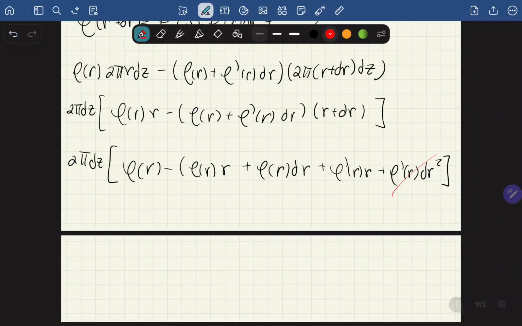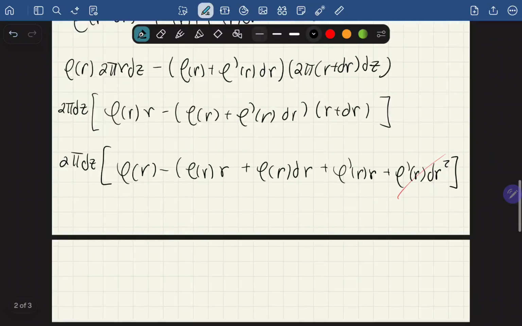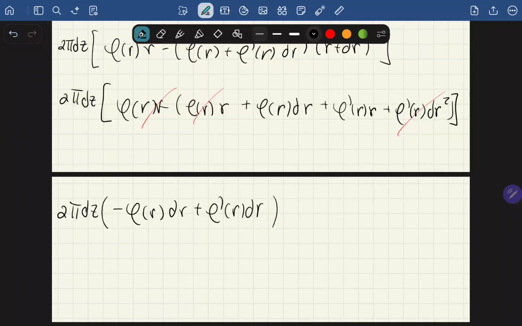This last term goes away because dr is too small, and dr times dr would be even smaller. I forgot to mention that there's a minus multiplying, so the r terms cancel out. So 2 pi dz that multiplies minus phi r dr minus phi prime r r dr. Okay, minus.